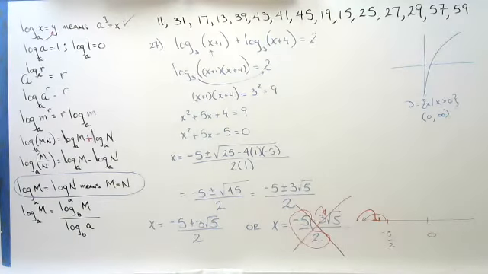What about over here, though? Maybe this is negative. Or maybe this is positive, because we're already at negative 5. Then we add 3 root 5.